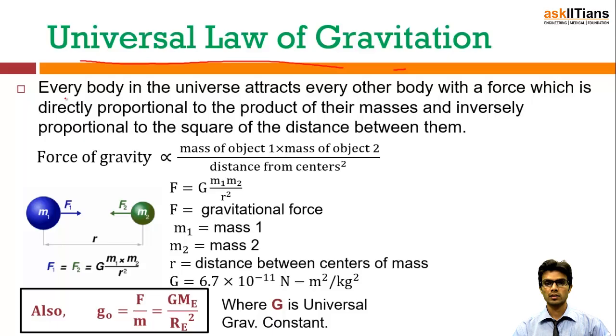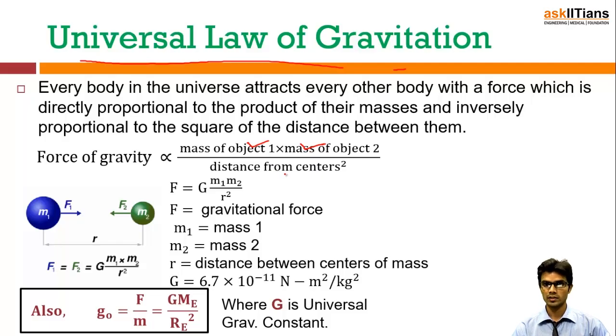According to Newton, every body in the universe attracts every other body with a force which is directly proportional to the product of their masses and inversely proportional to the square of the distance between them. That is, the force of gravity is proportional to the mass of object 1 and also proportional to the mass of object 2, and inversely proportional to the square of the distance between the two masses.